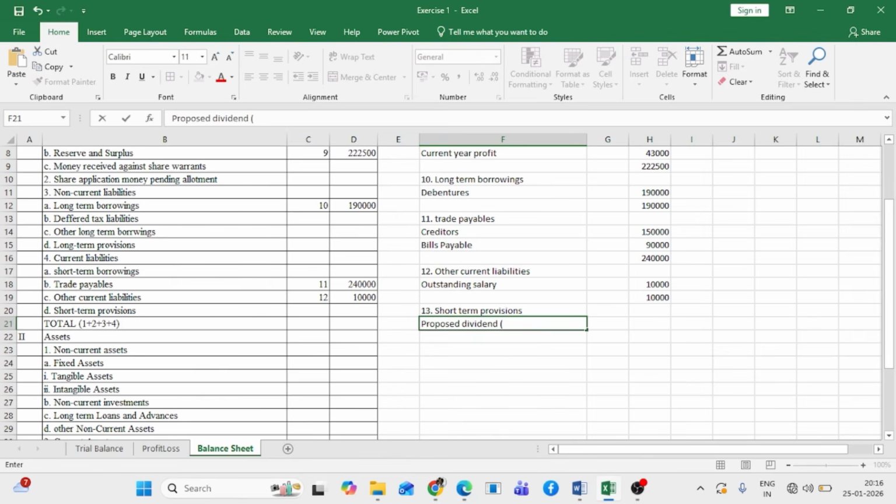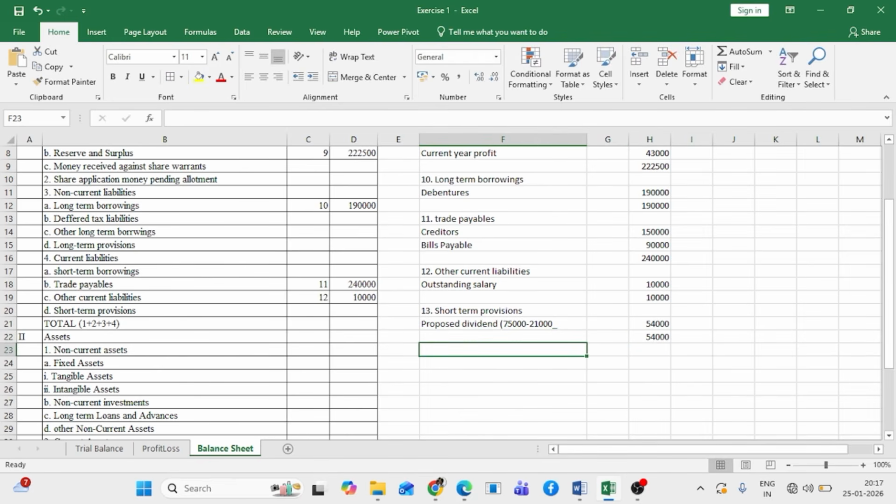The proposed dividend is the final dividend that you are going to pay minus the interim dividend that you have already paid. So the final dividend that you propose to pay is 75,000 and interim dividend is 21,000. So the difference is 54,000. You'll show 54,000 here, as adjustment note number 13.